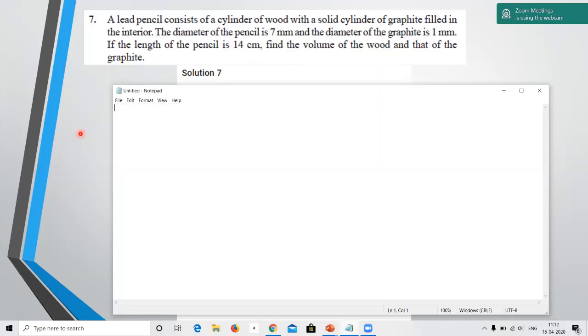Please do it on your own first. Let's not discuss. Finally, we'll discuss after everybody is done. Draw the diagram, as I said, a hollow cylinder, into that a solid cylinder again. The outside part is wood and the inside part is graphite filled into it. Draw and try working.